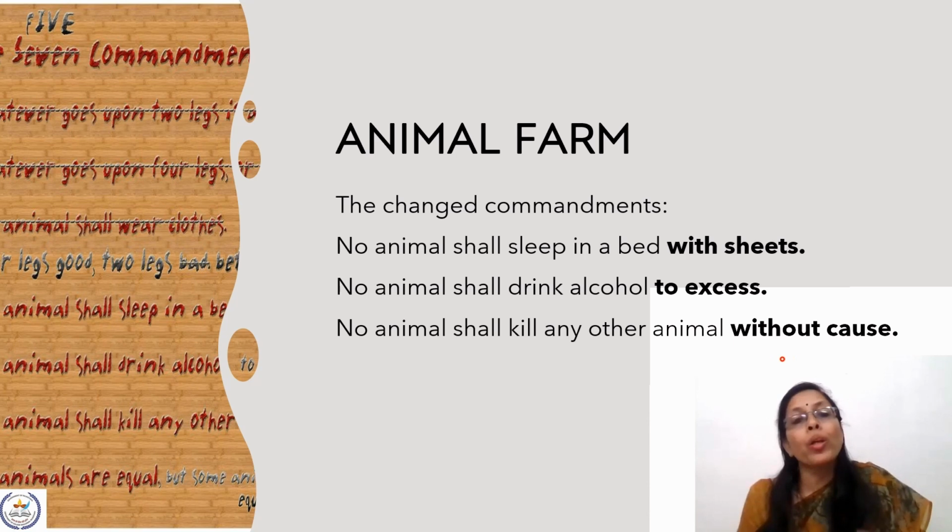So if they have cause to kill, they can kill. That is why all the hens are killed, all the sheep are killed. I mean, that very gory scene that we have in the novella. And all animals are equal, but some animals are more equal than others. So this is how they change these commandments. The pigs, the leaders, change these commandments for their own benefit.